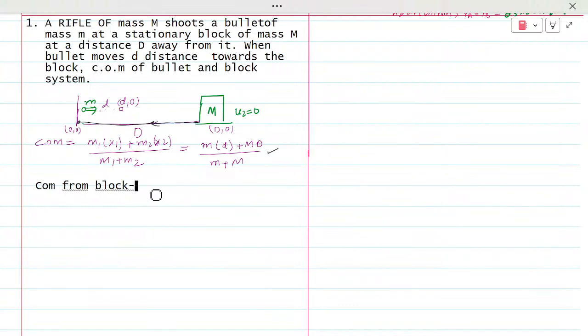So that I can write as capital D minus the center of mass distance, since the center of mass is here from the initial point.